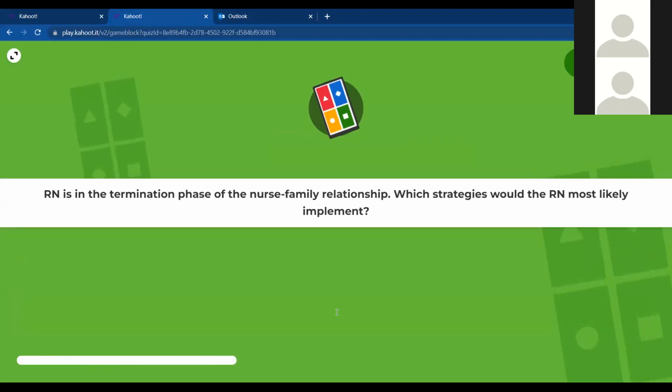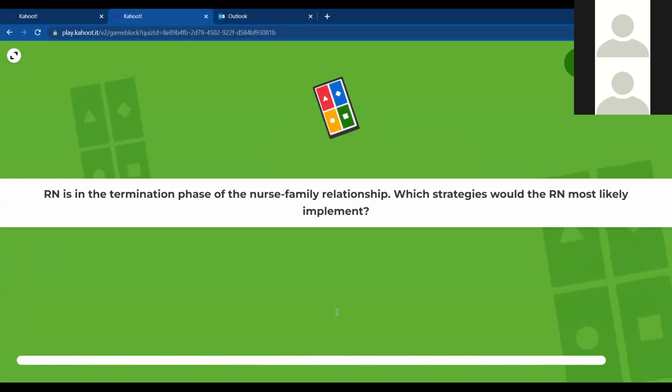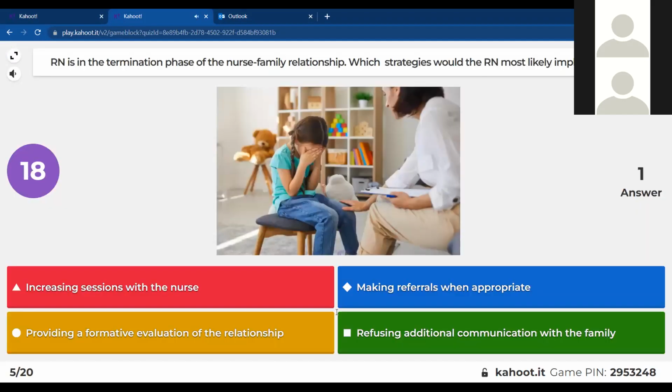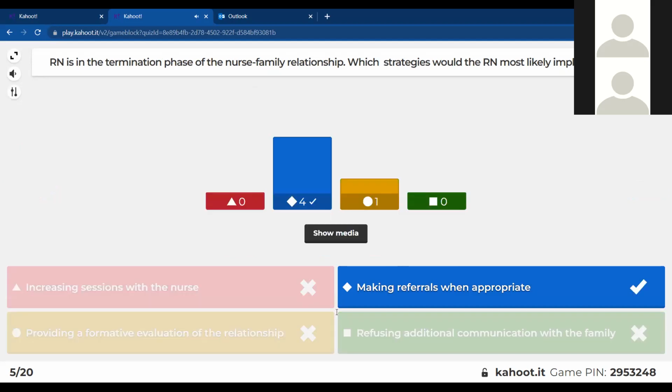The RN is in the termination phase. What would they most likely implement? Remember, terminate. Very good. You guys almost all got it.